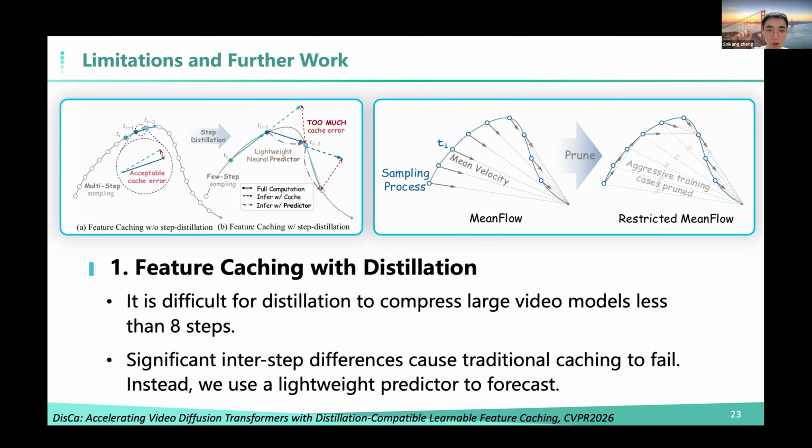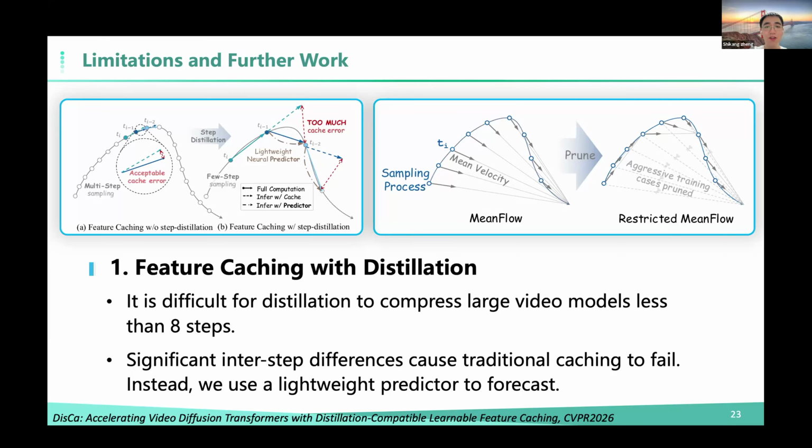So what we are trying to do is compress a large video model into a few-step model. This is pretty hard for both feature caching methods and distillation methods. Distillation maybe can compress image generation into 1 step or even 4 steps, but it is pretty hard for large video models to compress to fewer than 8 steps.